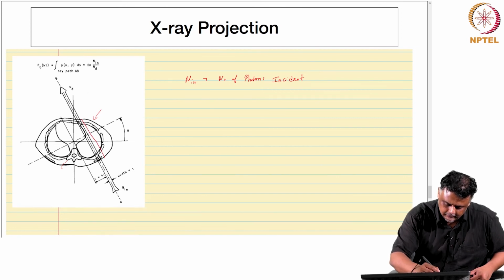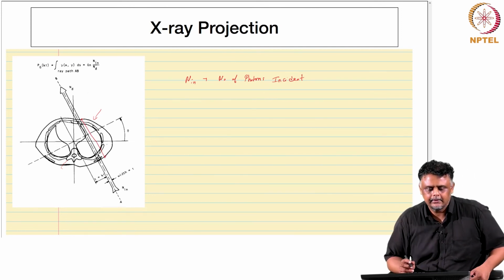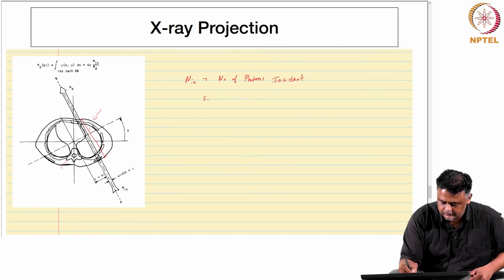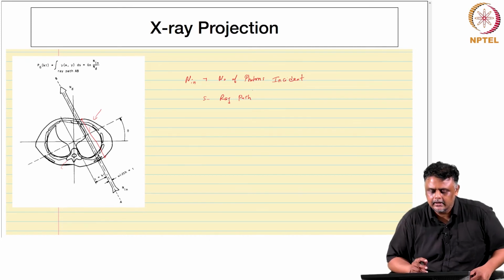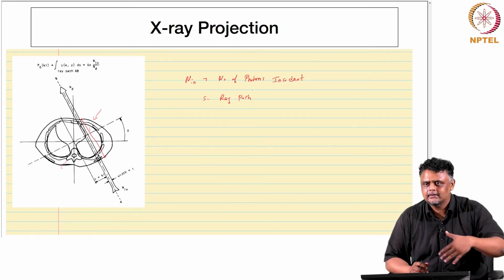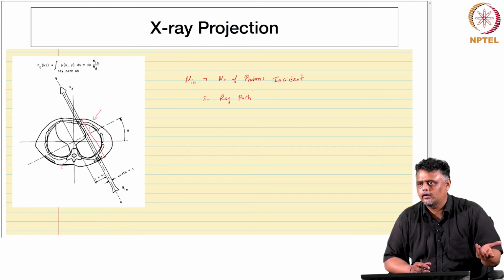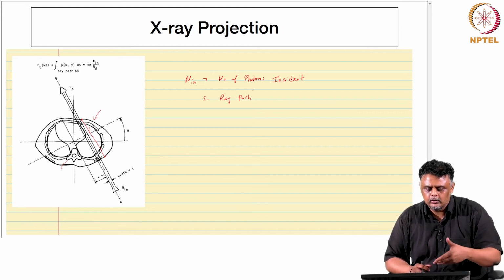This is the ray path. The length S defines the ray path. You can always rotate your coordinate system so that y is along the ray path, which is not too hard to do. All you have to do is integrate along that.